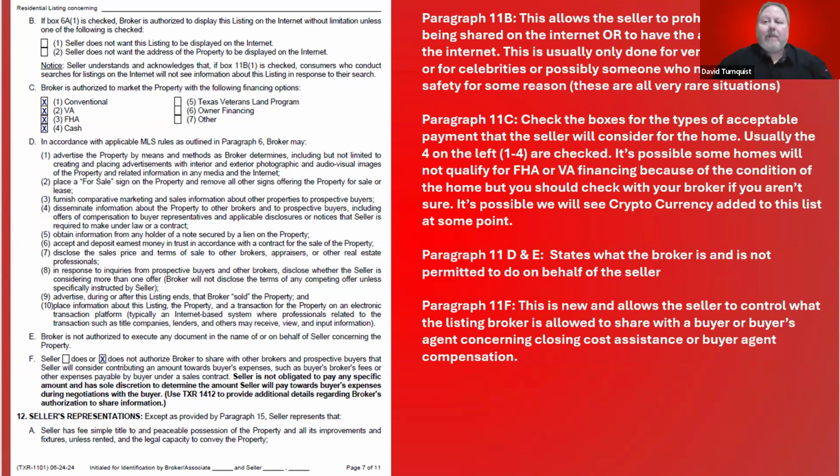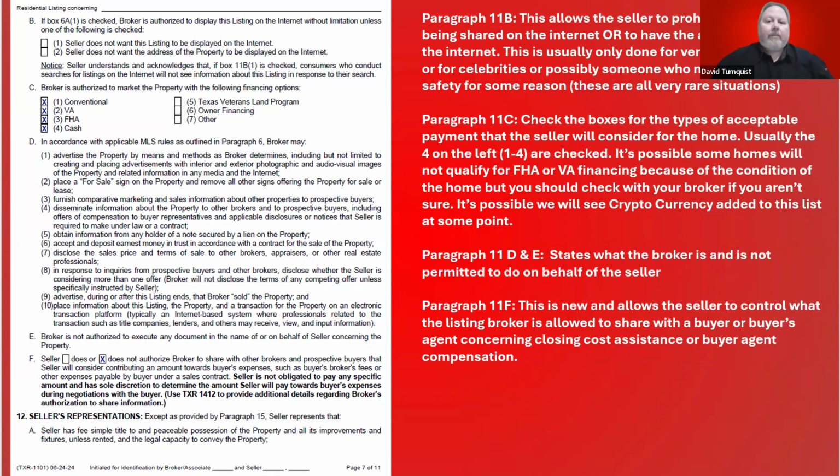I mean, you never know what the situation is with somebody. So if there's a reason they want one of these, you need to make sure that you address that situation. If you're not sure what to do, go to your broker. They'll advise you how to handle that. There are forms with HAR where you can say, I'm not going to submit photos, but you have to have the form. You can't just say, you know what, I don't feel like putting photos up.